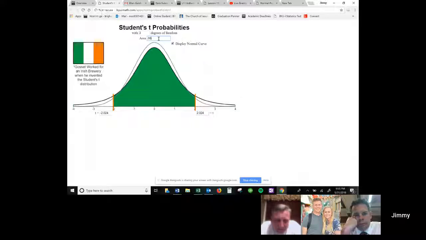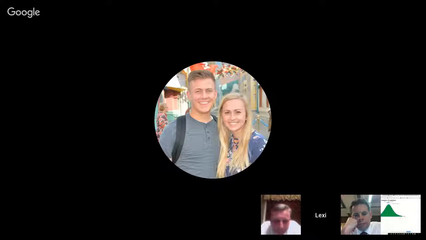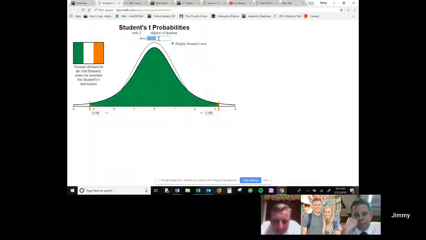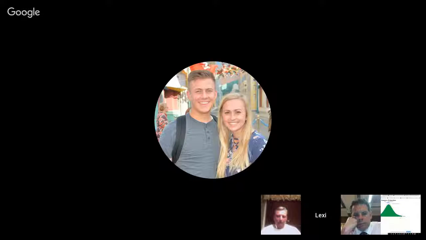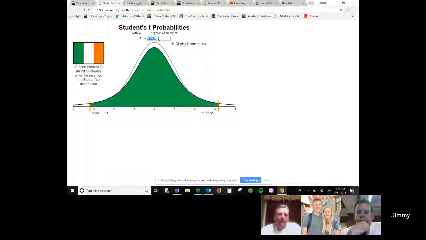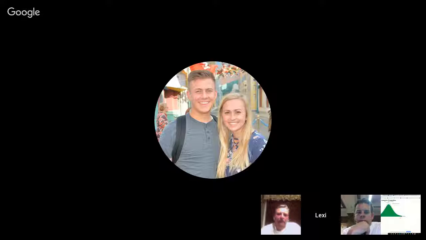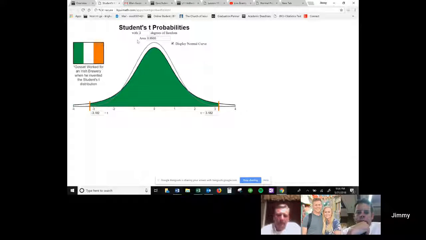Oh wait, hold on. Did it change the T-score? Yeah, it did change it. See, I had to change the area again. Oh, because it didn't change the T-score, it changed the area because it shrunk. Yep. Okay. So that's why we need to know the degrees of freedom to use the applet properly.